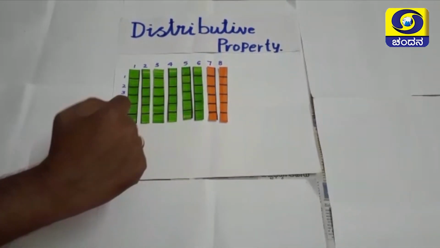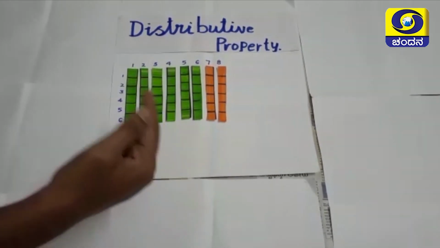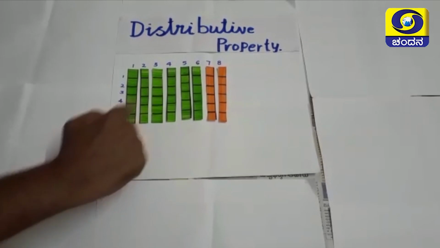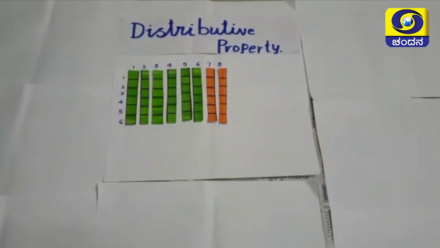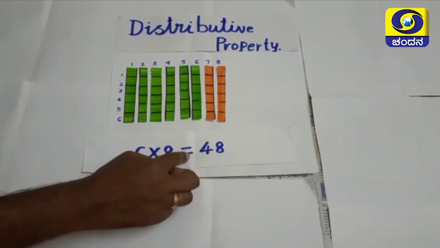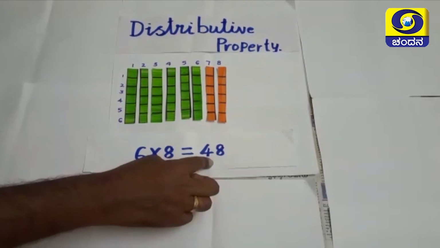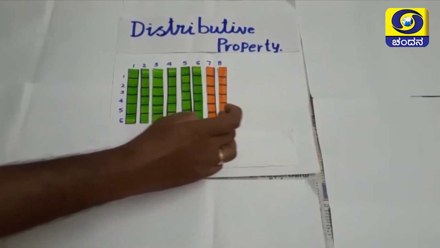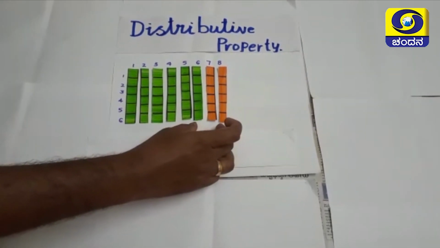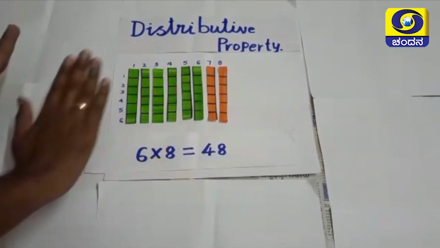Here we can find the total number of grids by multiplying rows and columns. That is 6 into 8 is equal to 48. Here totally we have 48 grids of green colored and orange colored. Now we will distribute the grids in different colors.